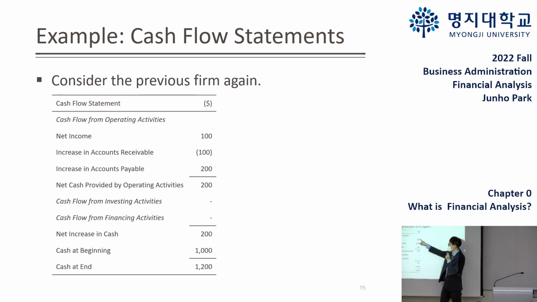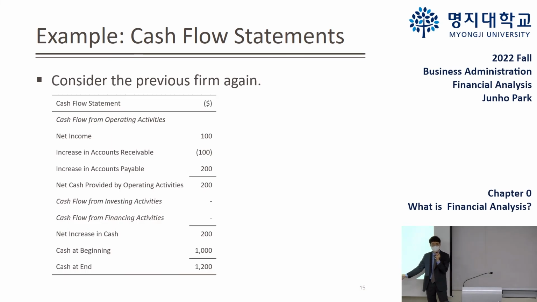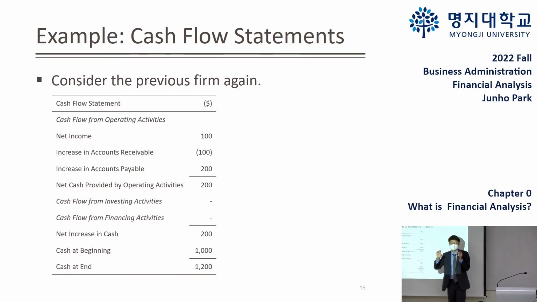We start from net income. However, we received not cash, but accounts receivable. So actually, we were not able to get enough cash, so there is a minus 100. And then we didn't pay in cash, but we were able to pay in accounts payable instead. By doing so, we were able to save our cash. So we have a positive $200.